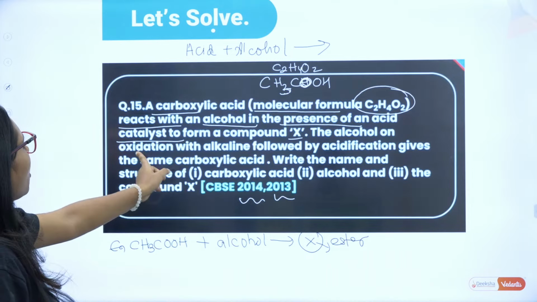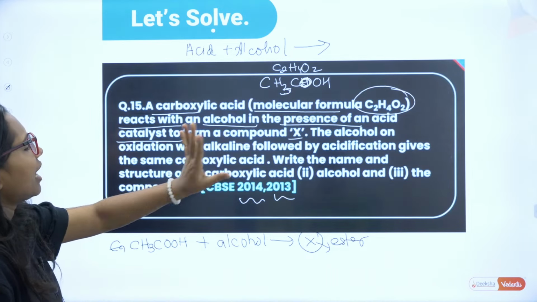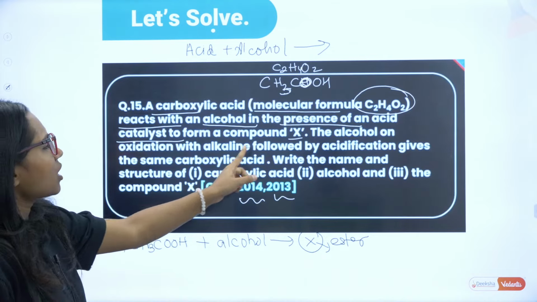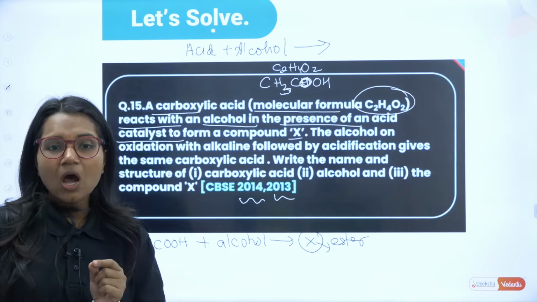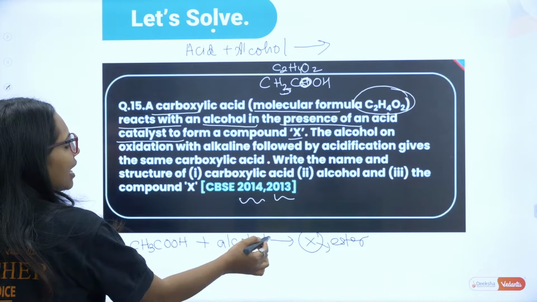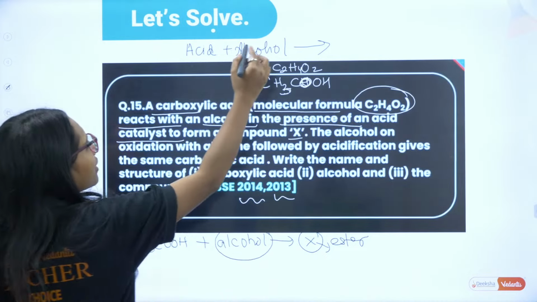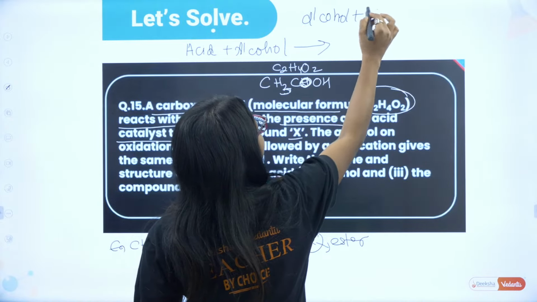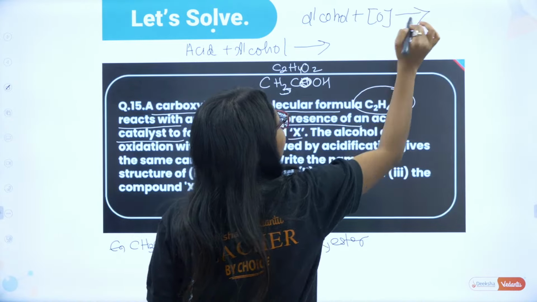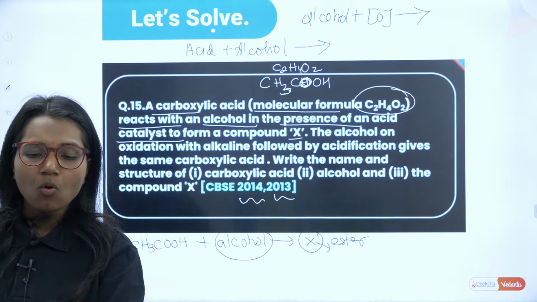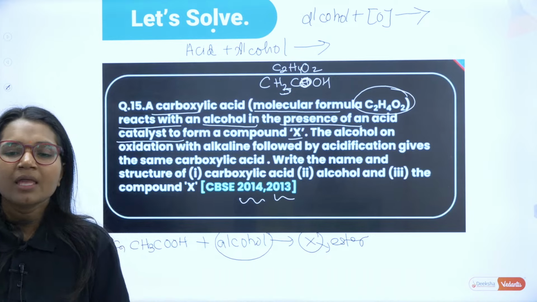The alcohol on oxidation with alkaline followed by acidification gives the same carboxylic acid. So now here we have to find out which alcohol. They are telling you that this alcohol, can you tell me when you do oxidation of alcohol, what do you get? Can you guys tell me when we do oxidation of alcohol, what do we get?